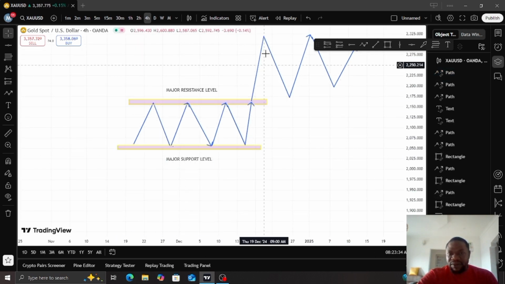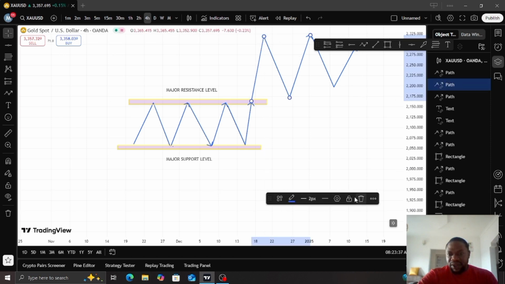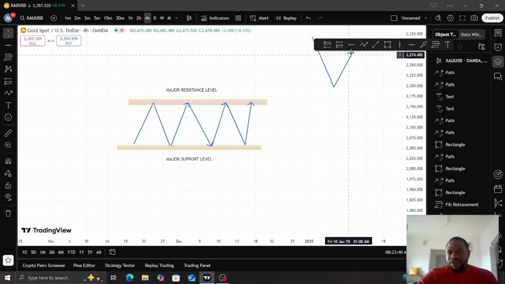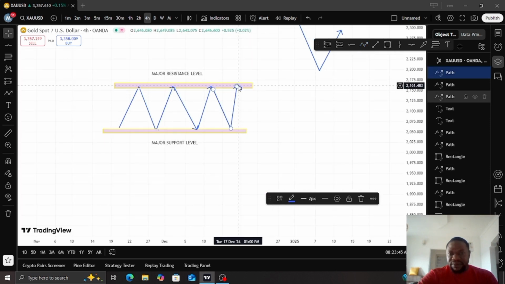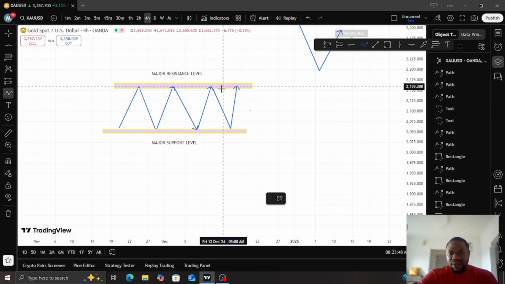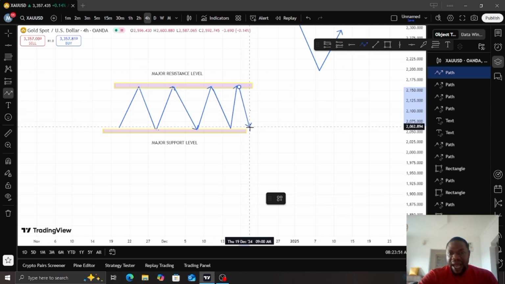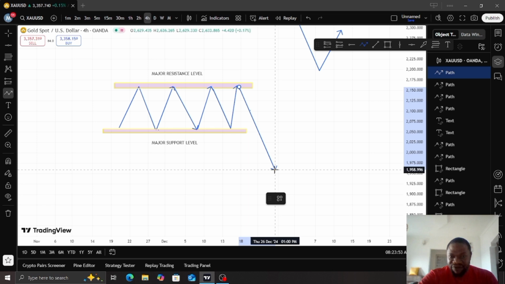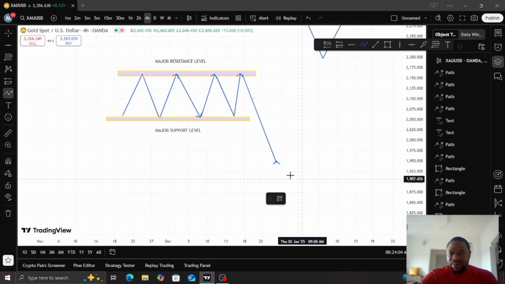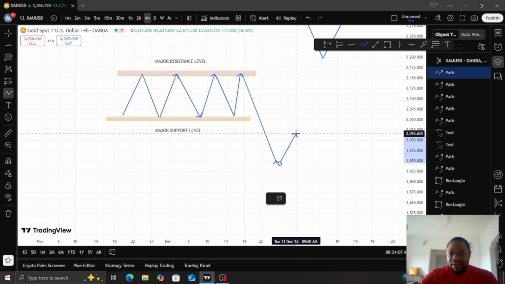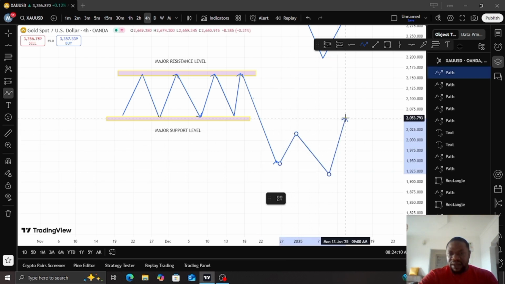Likewise, the same thing happens to the support level. If price comes down here and breaks this level, and starts giving us a different support, just like I showed you earlier, a new support level here, what happens?